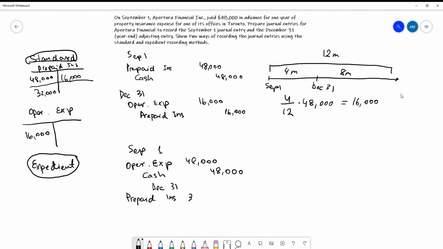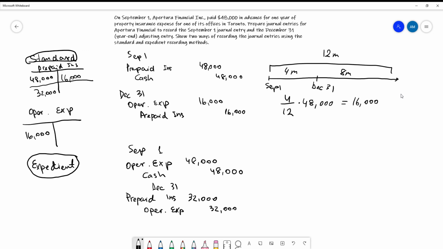So 32,000 prepaid insurance, and the operating expense adjustment is also $32,000 by December 31st, which we will allocate for the next year.